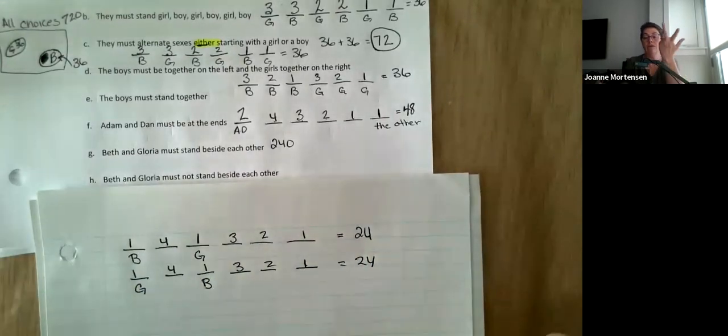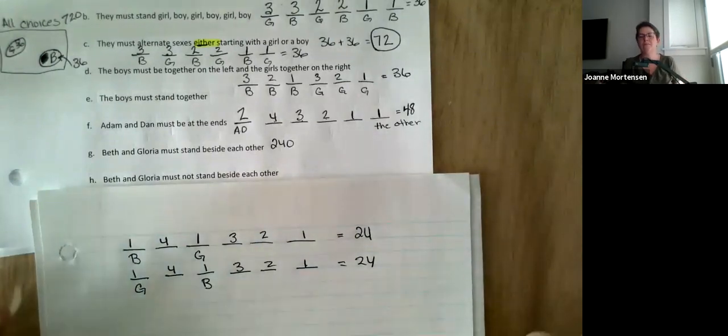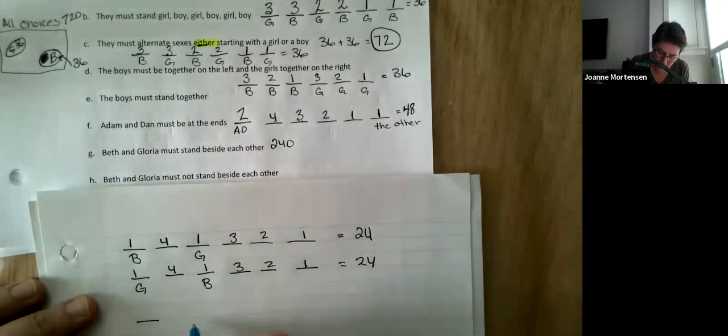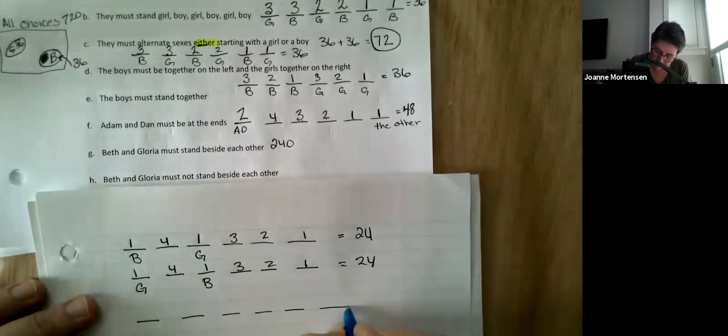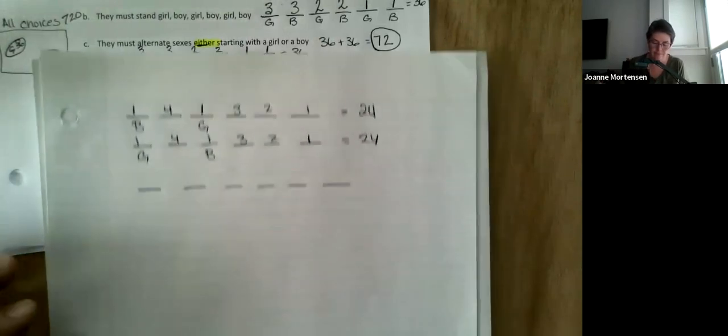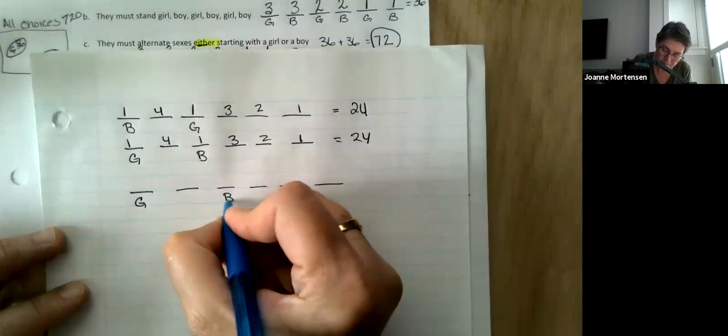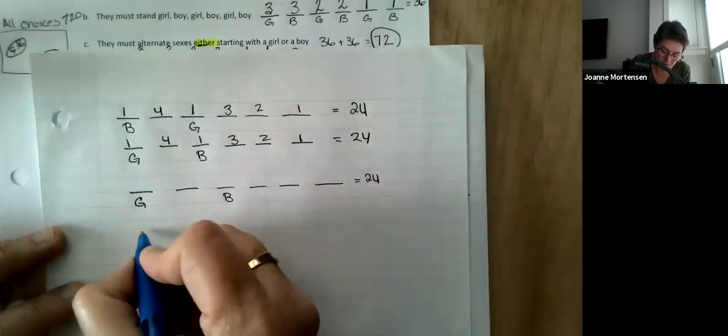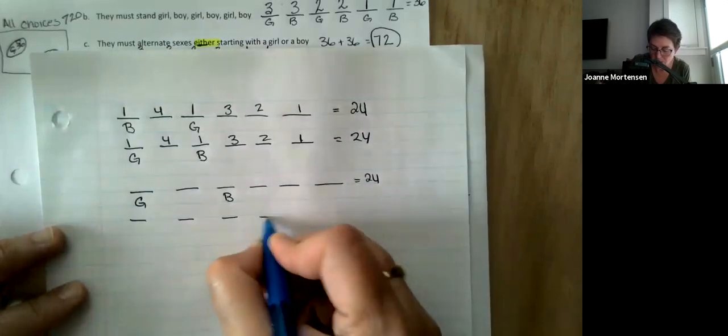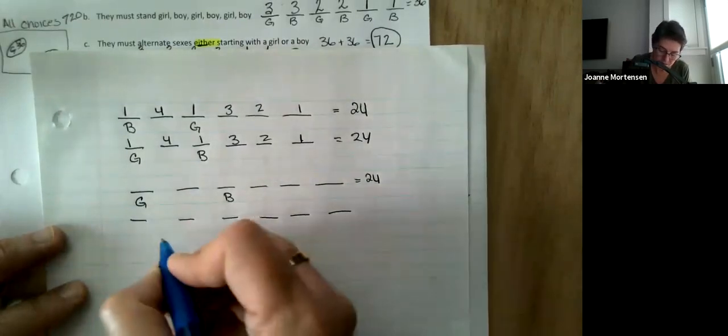I think we should have those guys flip-flop. And then we can go 1, 2, 3, 4, 5, 6. Gloria at the front, Beth here. I know my answer is going to be 24. And we can have 5, 6.